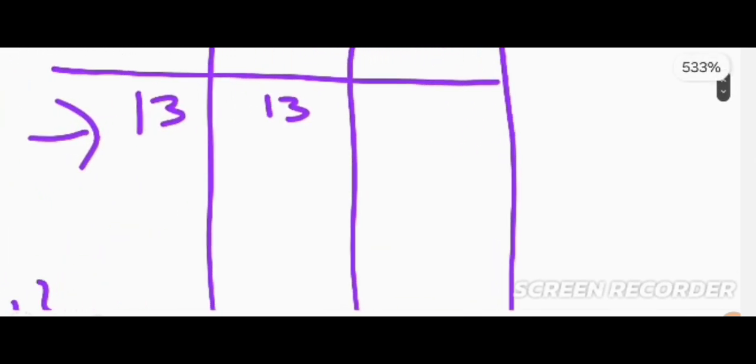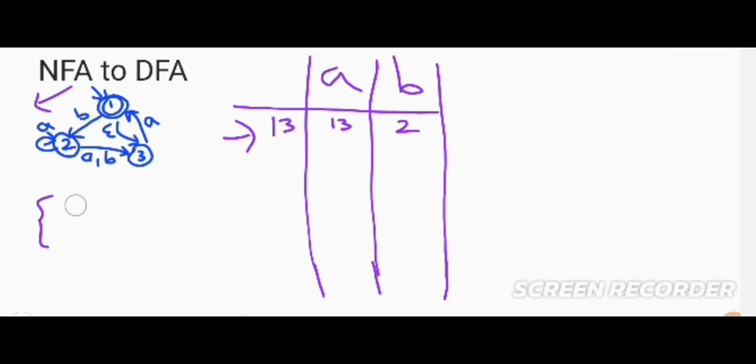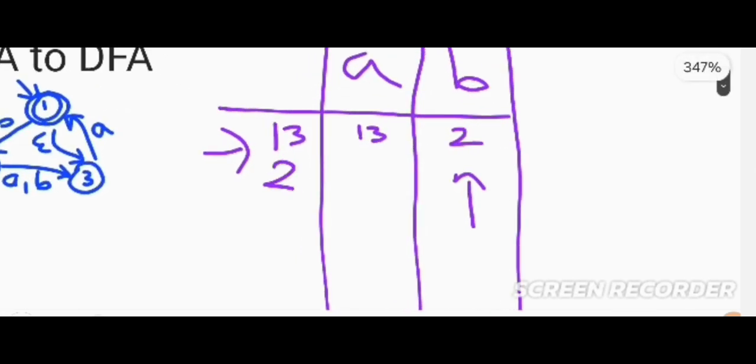We'll write simply here 2. After looking for these transitions, we find here a new state in the DFA. We need to know what is the transition with A and what is the transition with B. So we'll write down 2 here and again look for the transition with A and the transition with B.